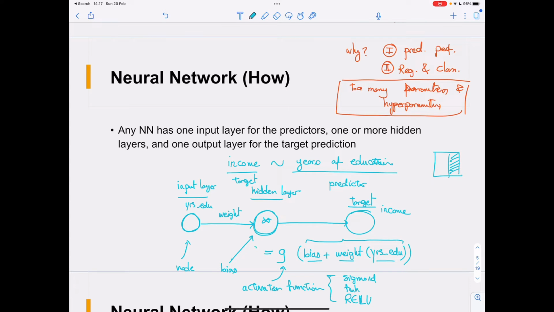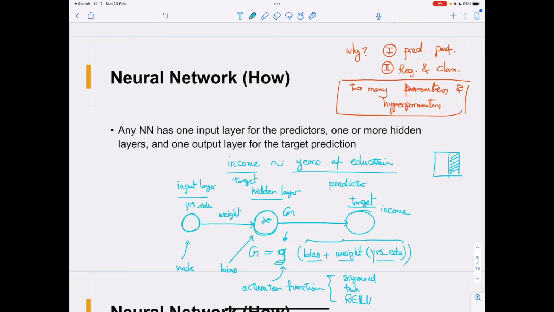Let's call it G, and G comes out, and it would be either directly the value of the target, or we can do some more transformation, but any transformation would be incorporated into G, I mean into this activation function.